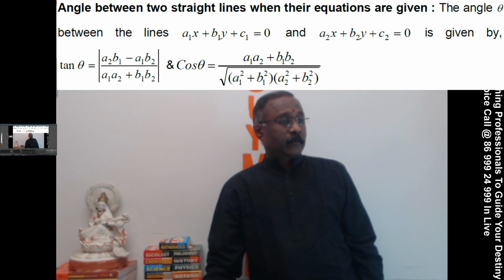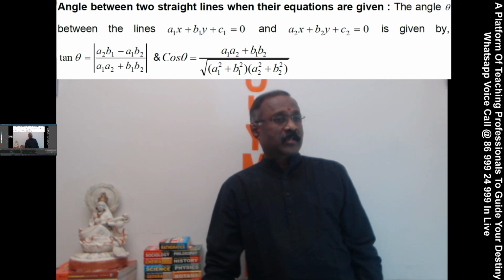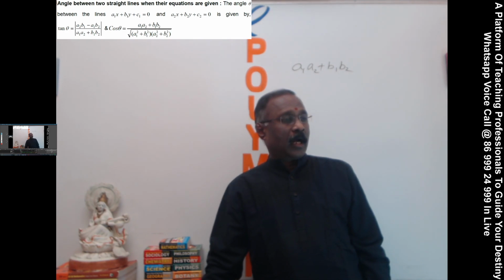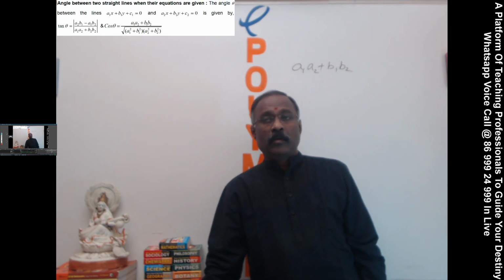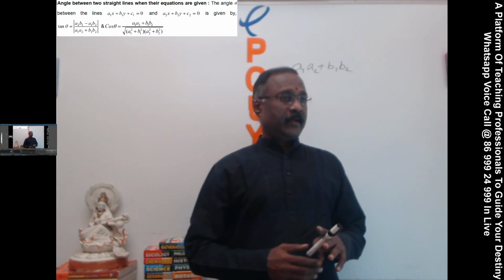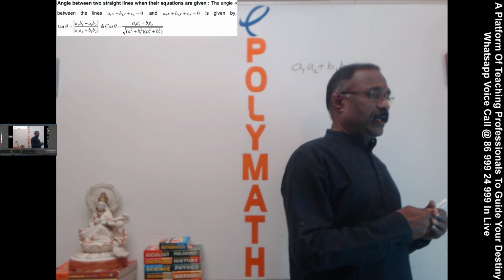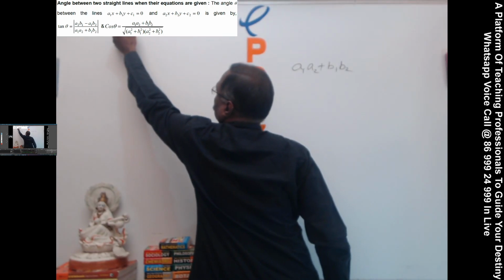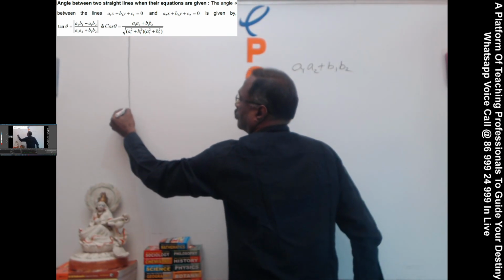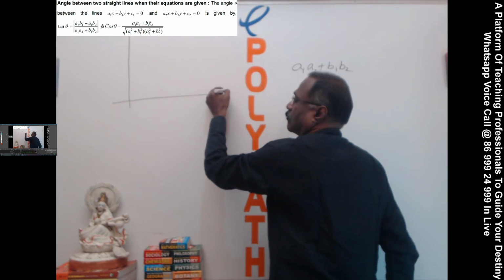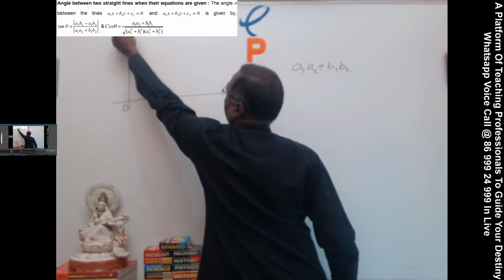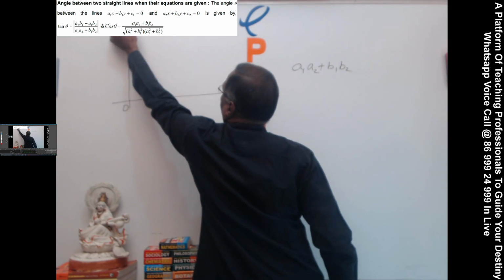Okay, now let me derive this. It's a simple derivation, and I'll give you two different derivations for this one. One is cos theta. This is the x-axis, origin here, y-axis.